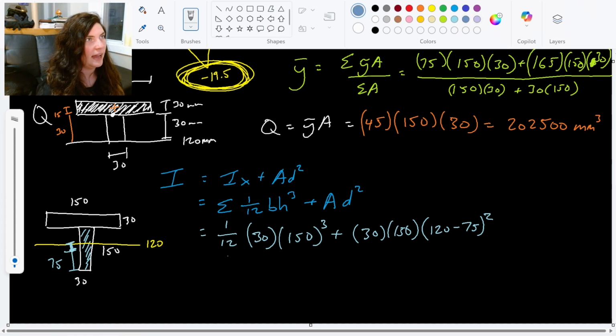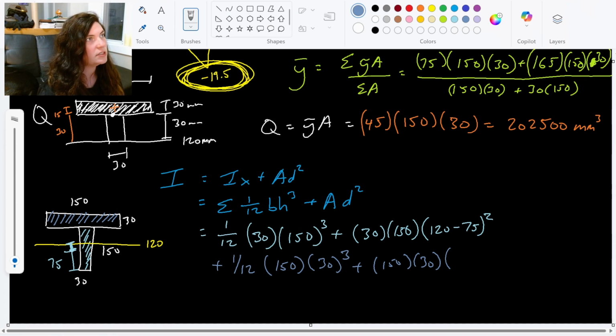Now we'll go ahead and add on the moment of inertia for this top rectangle. So 1/12 base is 150 times height, 30, cubed, very important, cubed, plus the area, 150 times 30, times the centroid distance difference.